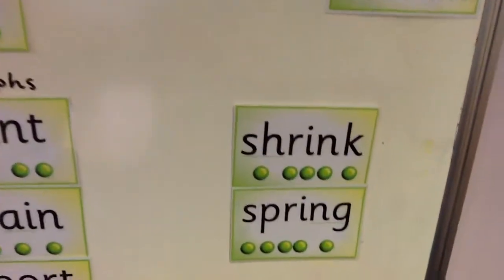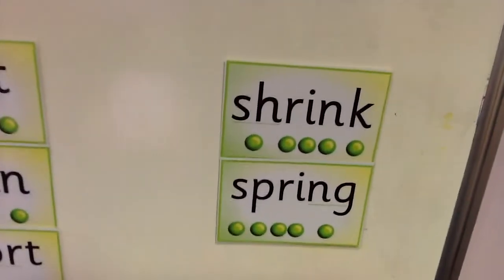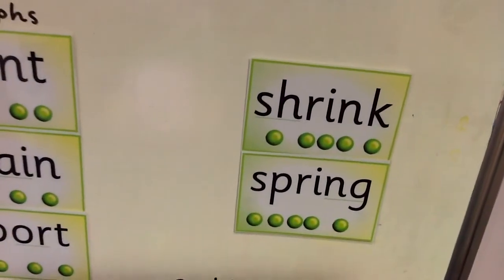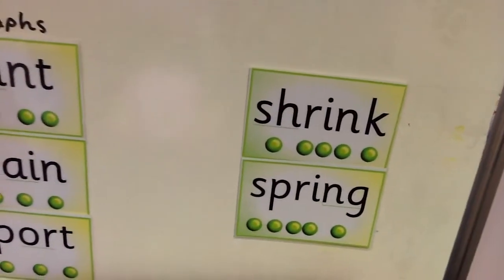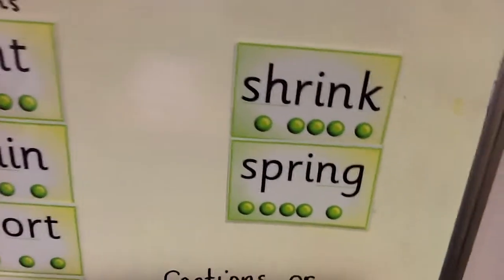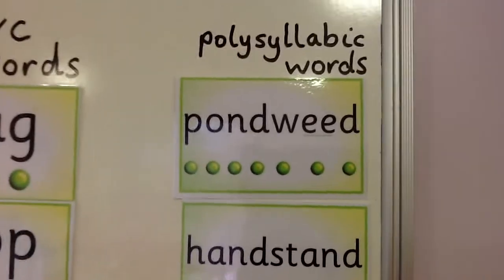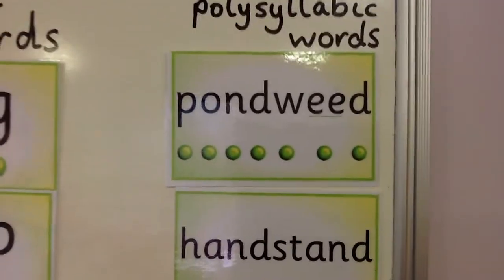Then we've got some longer words such as shring or spring. So those we would say they are CCCVCC words.